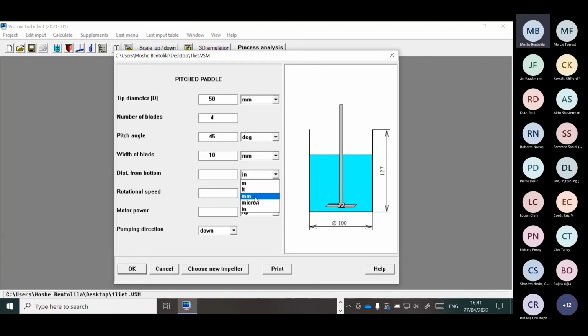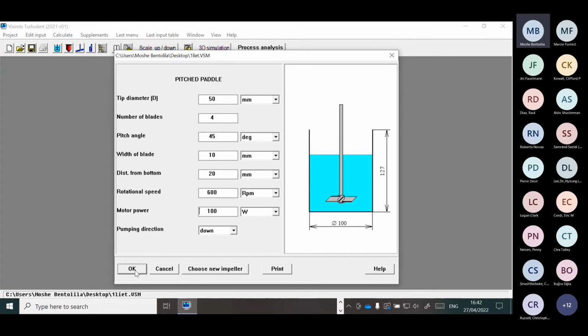The distance from the bottom is 20. The rotational speed, let's say, in the lab, is very important, high velocity, because it will not generate the intensity that it will generate in the production step. And the motor power is not important here. In the production it is very important. Here it is not so important. The motor we have in the lab is normally enough.